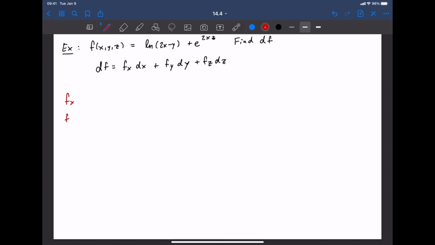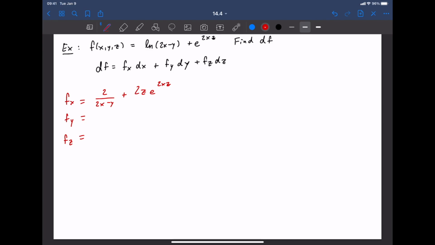So again, another chance for you all to take some partial derivatives, pause the video, assemble a differential. One chance for yourselves. 3, 2, 1. All right. You got 2 over 2x minus y plus 2z e to the 2xz.